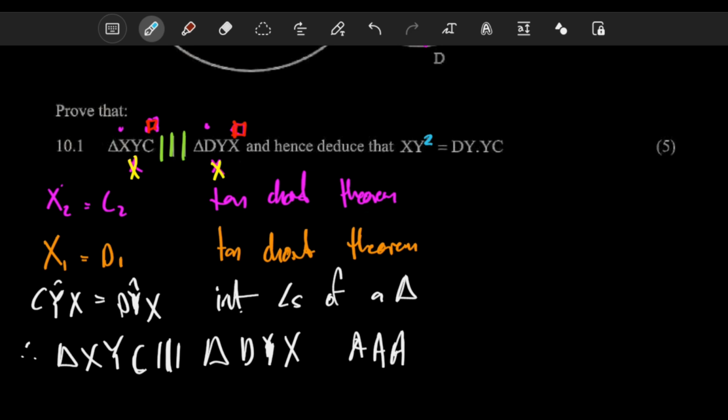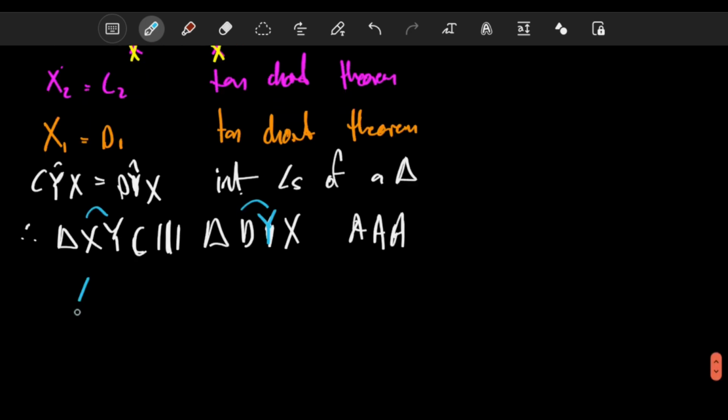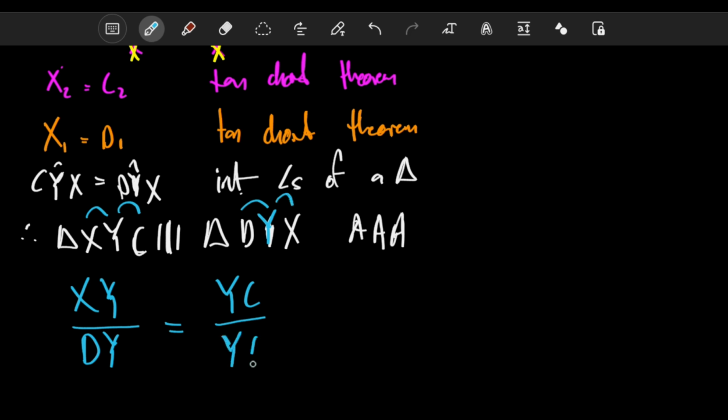So having proven this, you just need to write out your proportionality expressions and all that. So you can write something like XY over DY. This is a Y, by the way. So here let's say XY over DY is equal to CY over YX, which is also equal to XC over DX.